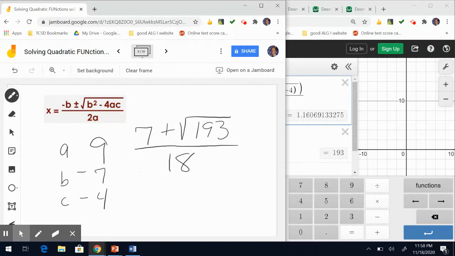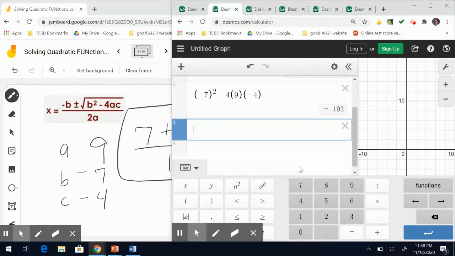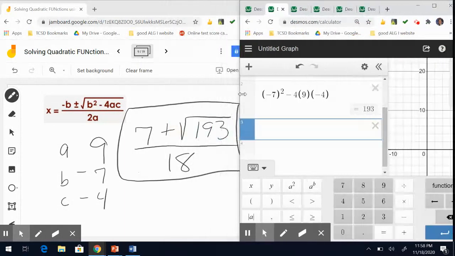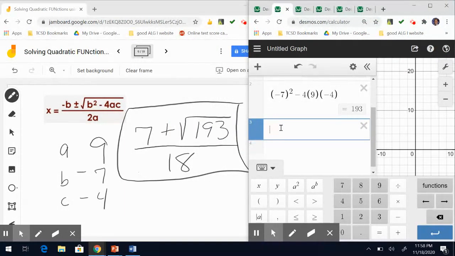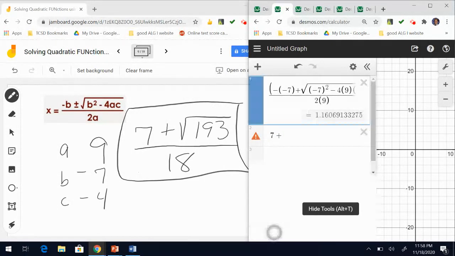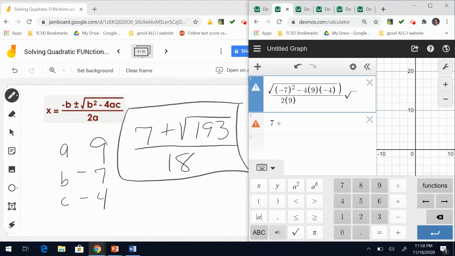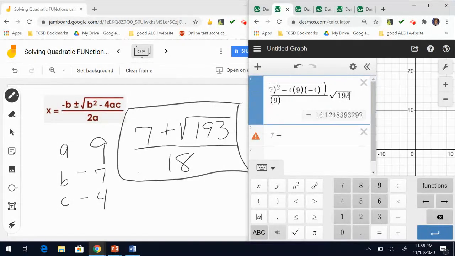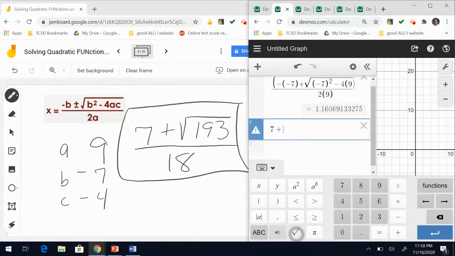Okay, so this number looks pretty ridiculous. And you know what? It is pretty ridiculous. However, when I type that into Desmos here, what's going to happen? What is 7 plus radical 193?